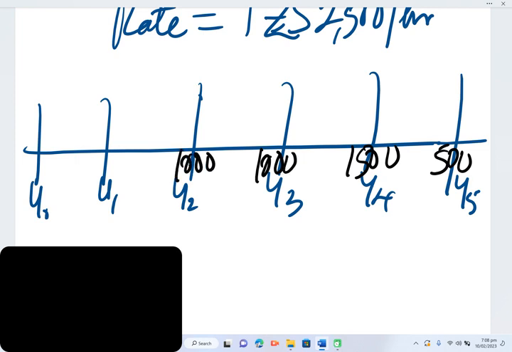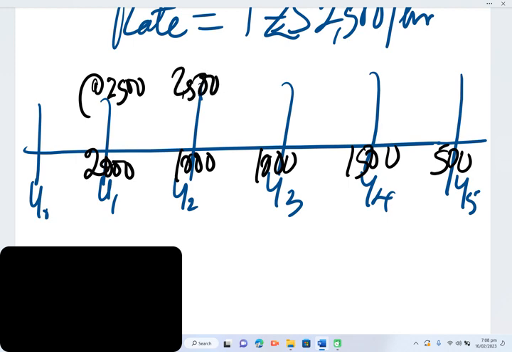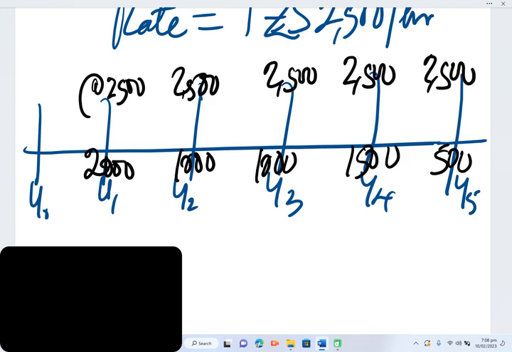Alafu 2000. Ile rate ilikuwa 1000 ngapi? Hiyo ndio depreciation rate. Azidisha upate depreciation hapa. Ya kwanza 500,000.